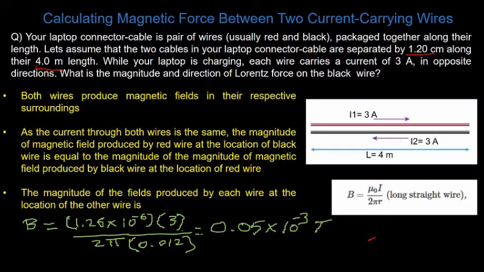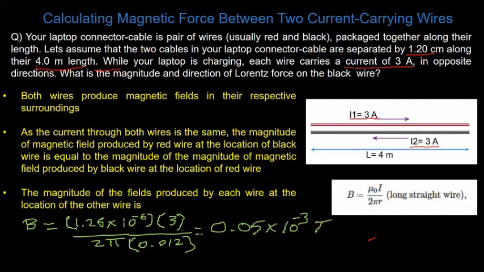Remember, the Lorentz force has a length term, so this is where it will be useful. While your laptop is charging, each wire carries a current of 3 amperes. This is another important parameter. The black wire carries a current of 3 amperes to the left, and the red wire carries a current of 3 amperes to the right.